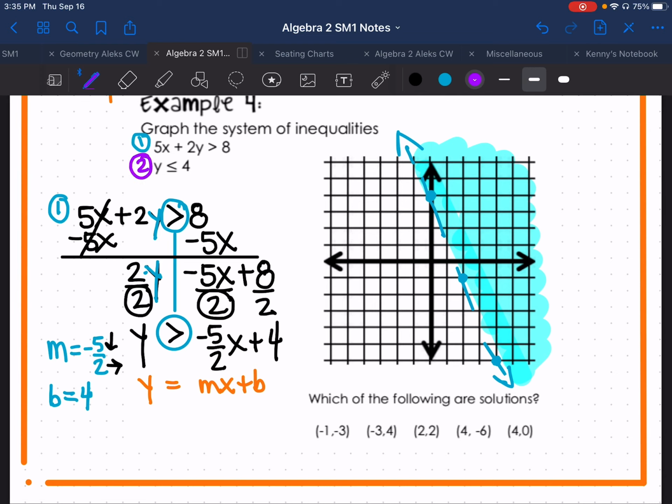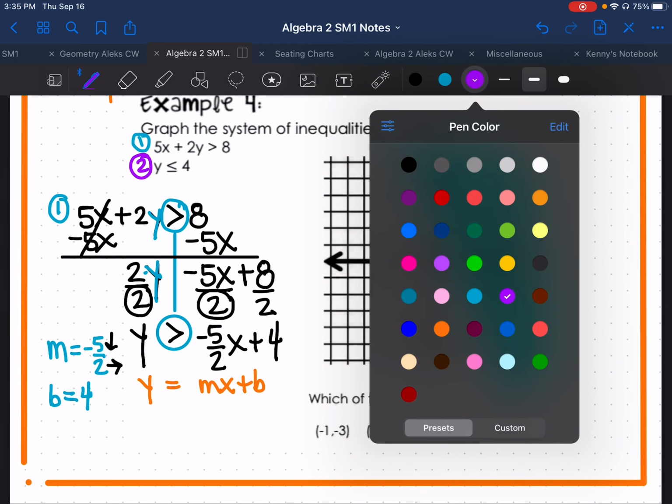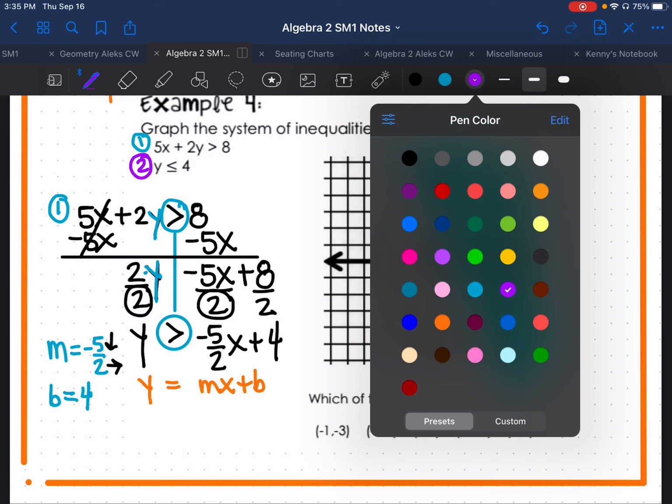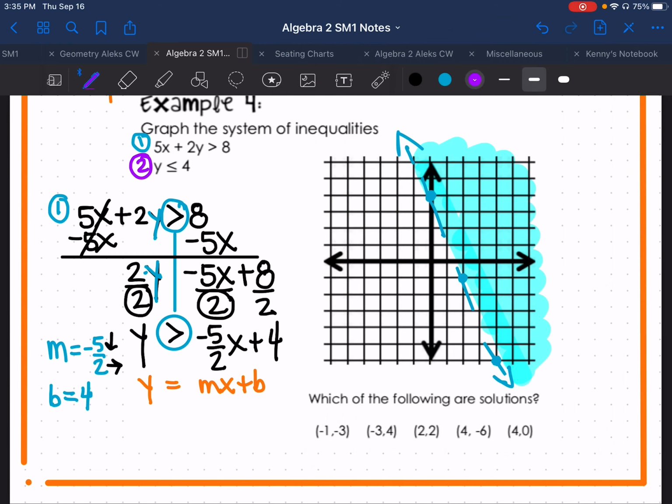Take a look at equation number 2. It is already in y equals mx plus b form, where my b is 4 and my m does not exist. If my m does not exist, it is 0 because 0 times x is 0.